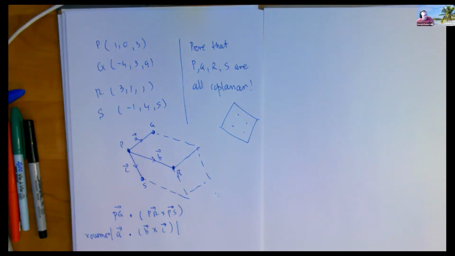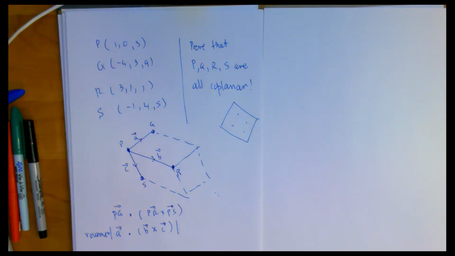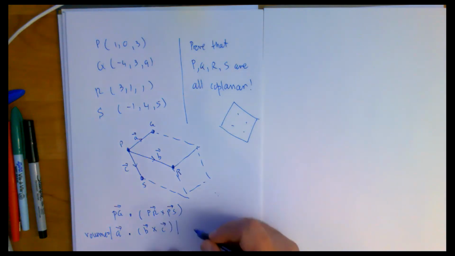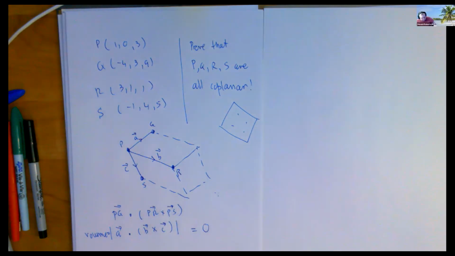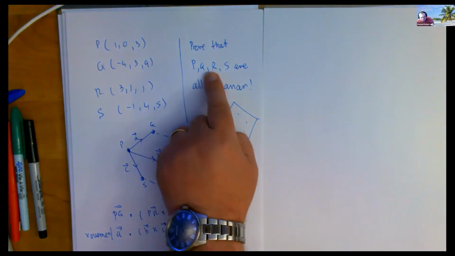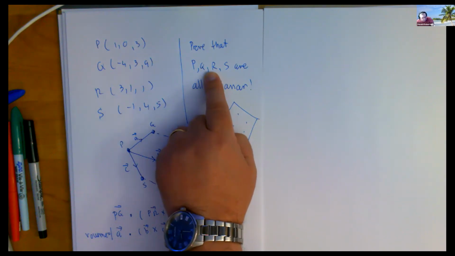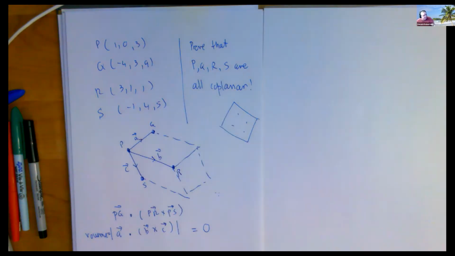That's what coplanar would mean in this case. It works in vector situations as well: all the vectors are on the same flat piece of paper. Now, do you know that you would have approached it the same way we would have done this? The only difference is, what would this be equal to prove coplanar? 0. That's it. So if the triple product generates 0 as an answer, it means that the 3 vectors, or the 4 coordinate points in this case, are all coplanar.